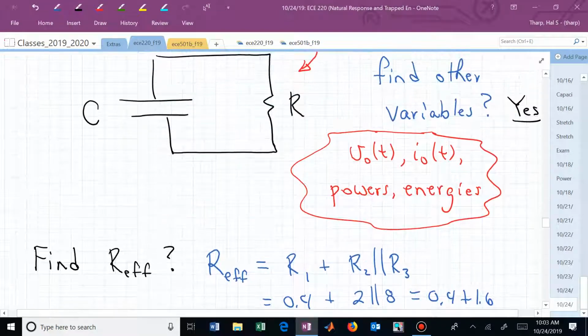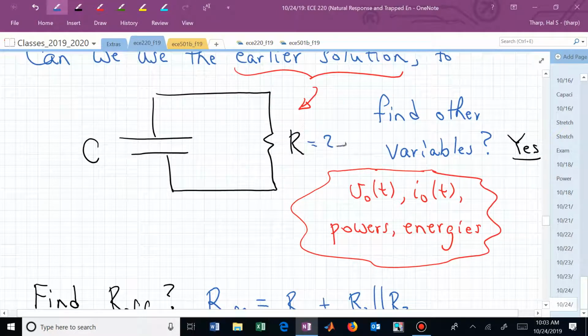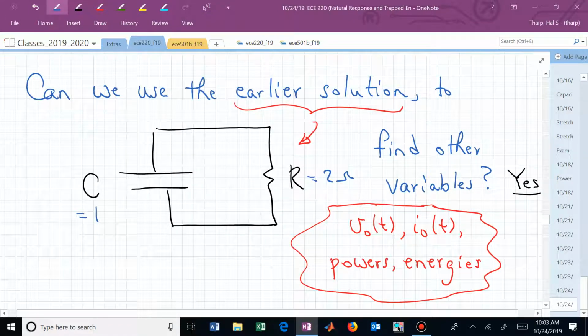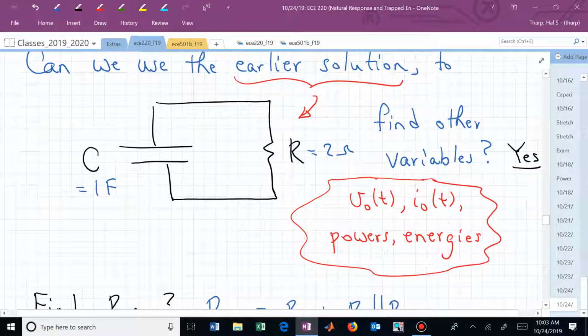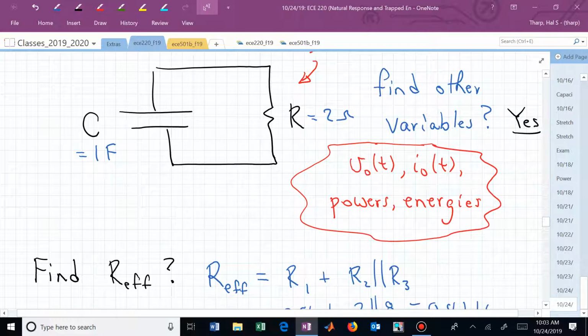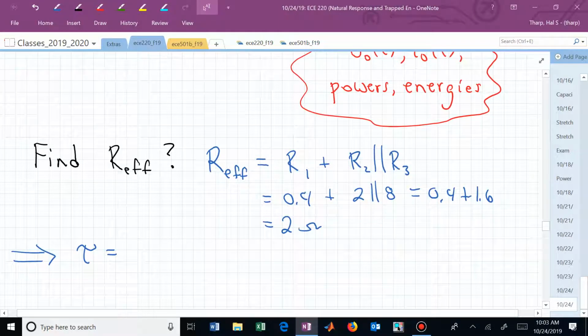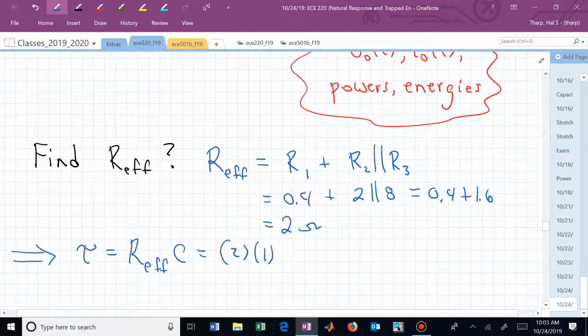If we now know that this is 2 ohms and this C is our 1 farad, what's our time constant? For an RC circuit, what's tau? RC. So that's R effective times C, or that's 2 times 1, or this is now 2 seconds.